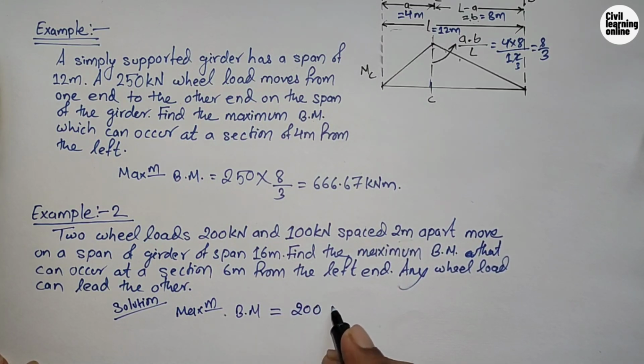So 200 is multiplied by 60 upon 16 plus 100 is multiplied by 3, and on solving these we will get 1050 kilonewton meter.